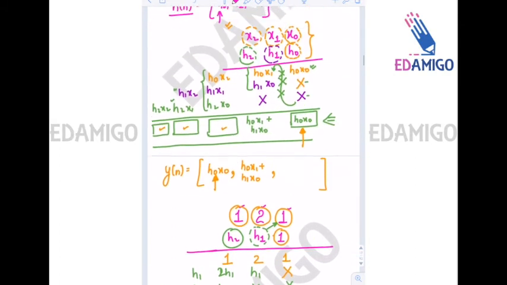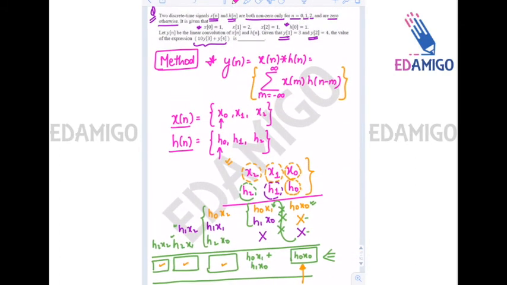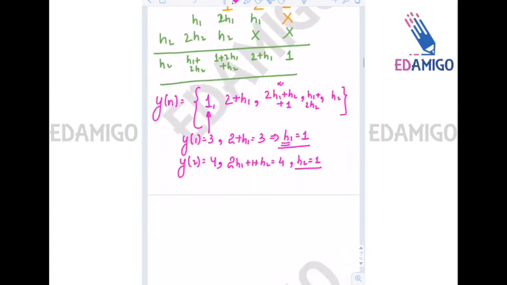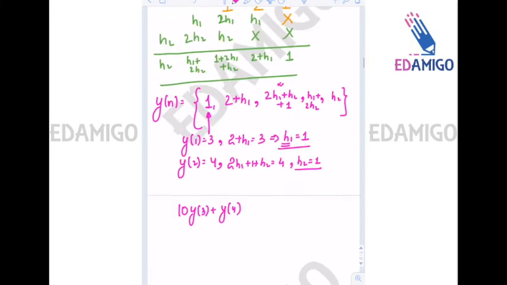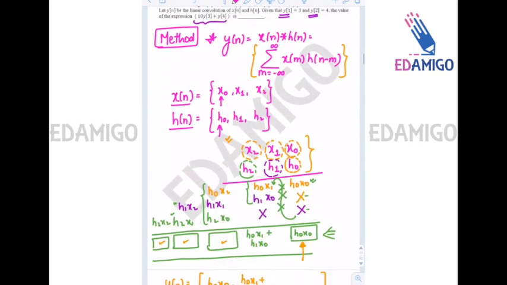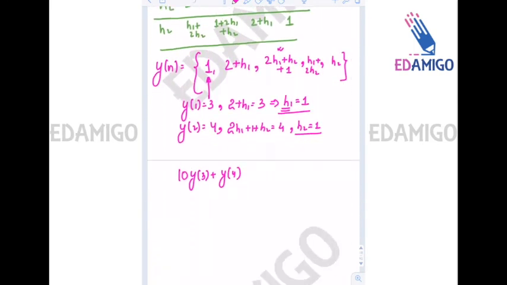Now we have to find 10 y3 plus y4. So 10 y3 plus y4 is the answer that we have to give. Now we can say that this is y1, y2, and this is y3.